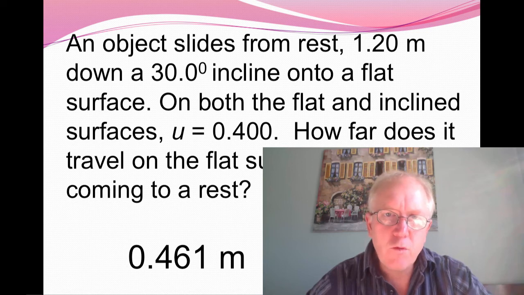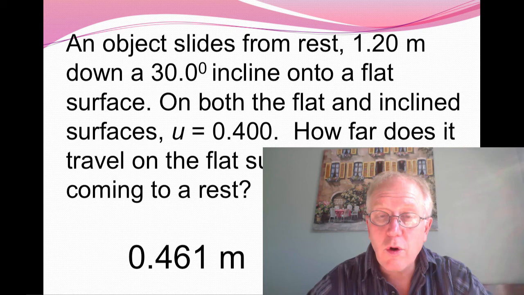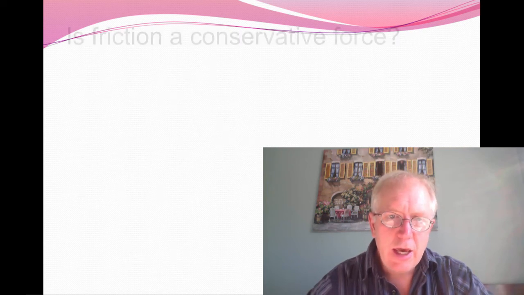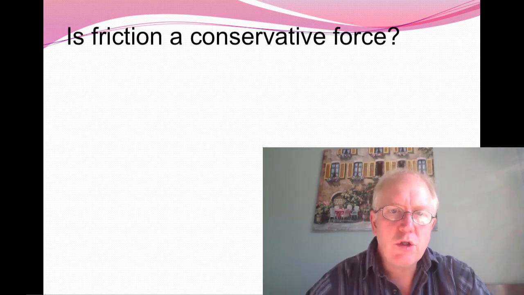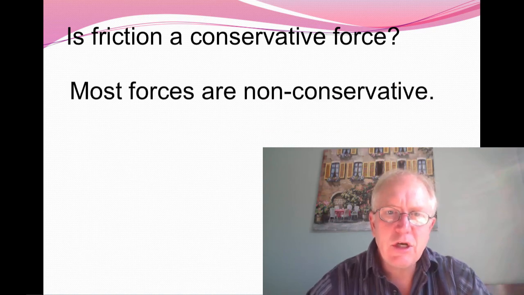Okay, a couple of these formulas are expanded on and presented in a different way on the AP Physics formula sheet. And I'm sorry, a little ahead of myself there. So a conservative force, I've talked about conservative forces, and friction is not a conservative force.